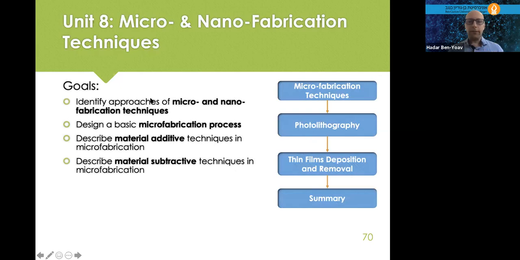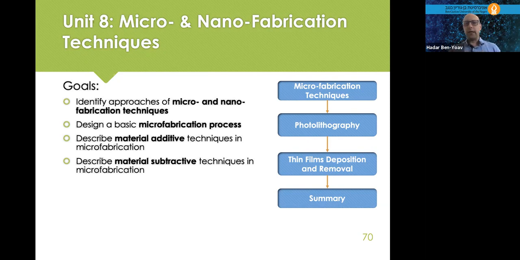So here I'm going to finish lecture number 8, and we talked about different techniques for micro and nanofabrication. We learned about the process: how we choose the substrate, how we put the photoresist, how we do the photolithography or the e-beam lithography or any kind of lithography, patterning those structures on the substrate.